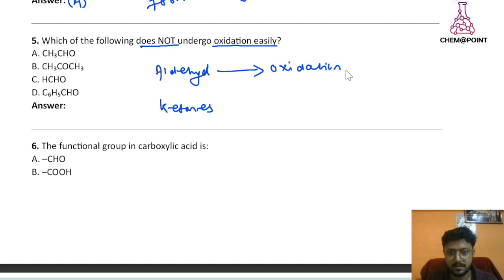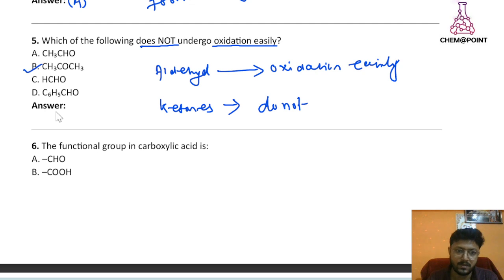Ketones do not. Okay. So first of all, you check option A, aldehyde. Yes, it can be oxidized very easily. Option B is the ketone. Ketones do not oxidize easily. The right answer is B.